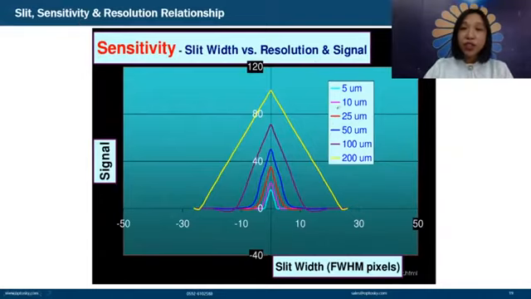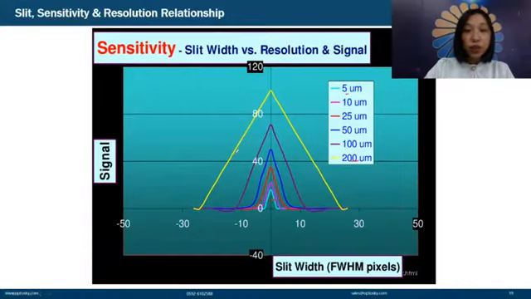It is very vivid. Different colors indicate different slit sizes. We have a 5, we have a 200. You see, in the blue one, the 5, the resolution peak is very short, so the resolution is the highest.